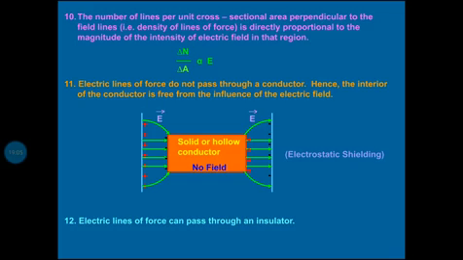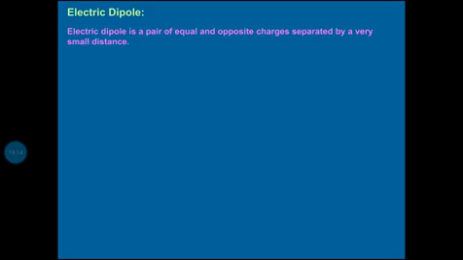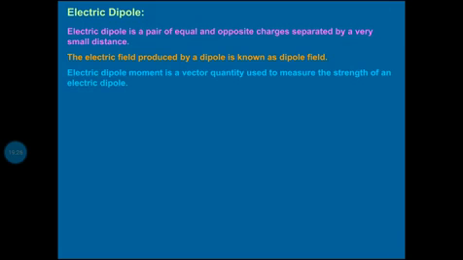So now what is an electric dipole? An electric dipole is a pair of equal and opposite charges separated by a very small distance. The electric field produced by a dipole is known as dipole field. Electric dipole moment is a vector quantity used to measure the strength of an electric dipole.